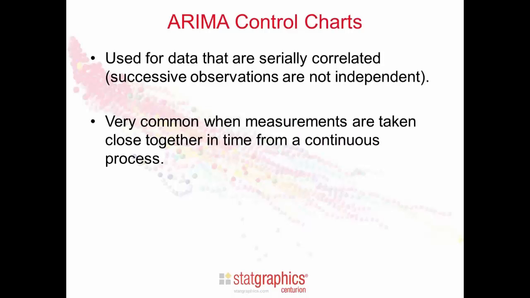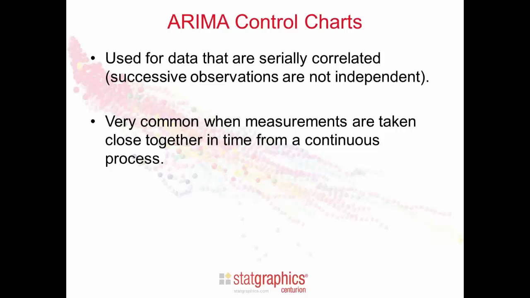This is very common, incidentally, if you're taking measurements close together in time, which is becoming more and more common with automatic data collection devices. It's also quite common the data would be serially correlated if you're taking measurements from a continuous process.